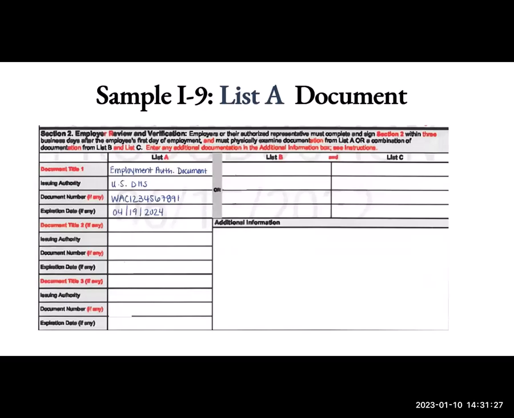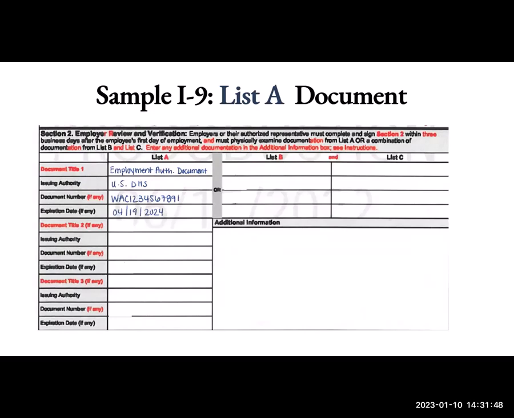Okay. So yay, no NAs. Can you see that? This is a sample for you of what you would be doing under the new Form I-9. This would be your new section 2. We made it larger here so you would see what it would look like.